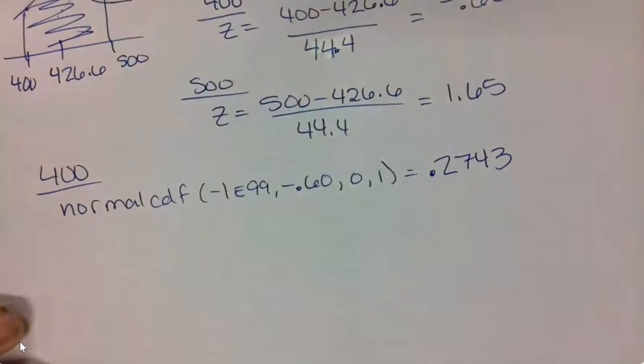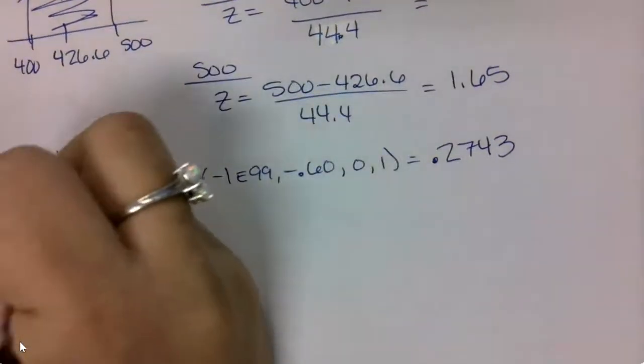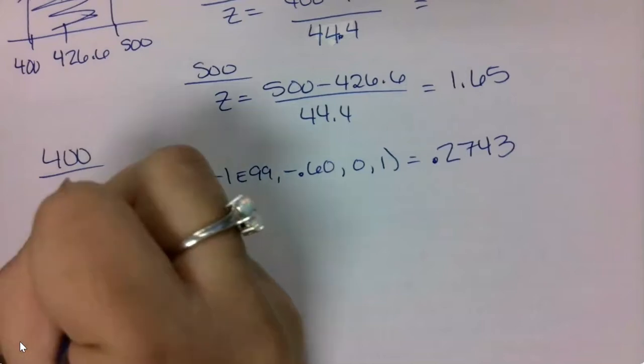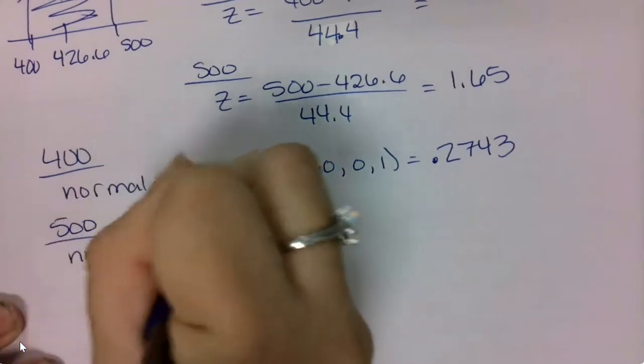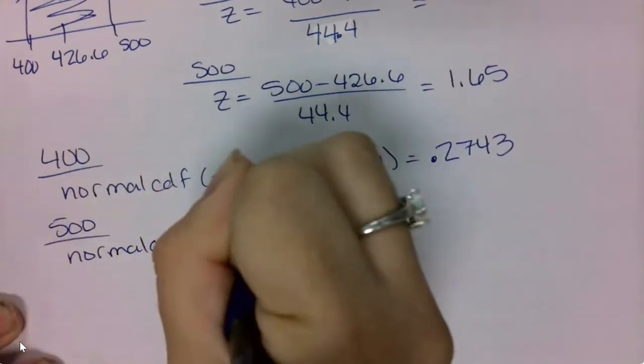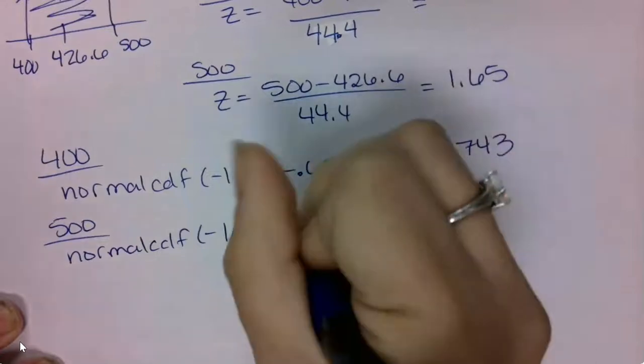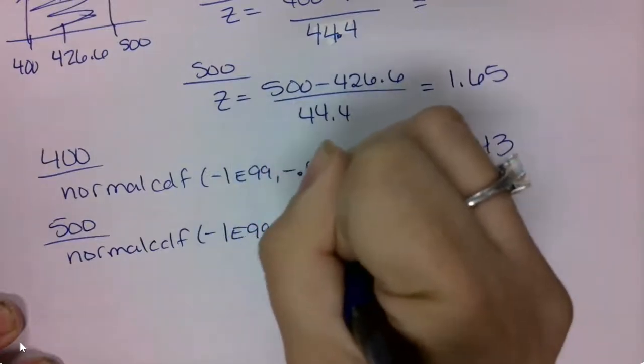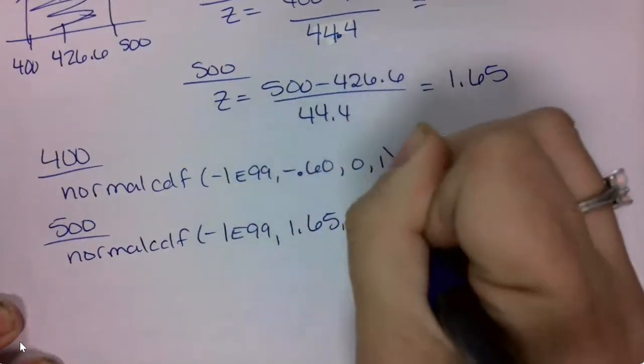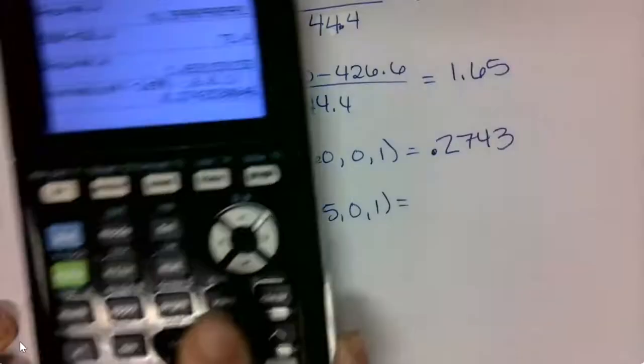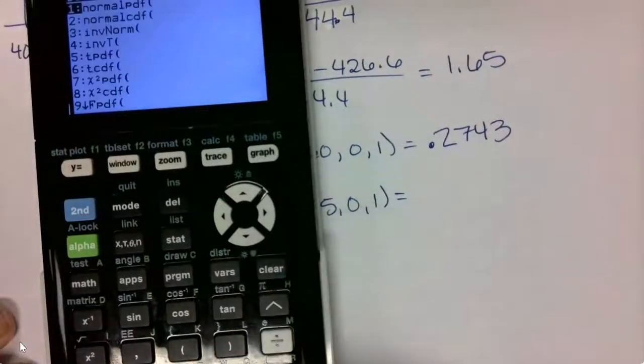And I want to do the same thing for the 500. I do normal CDF, negative 1 E 99, comma 1.65, comma 0, comma 1. So I go second vars, normal CDF.